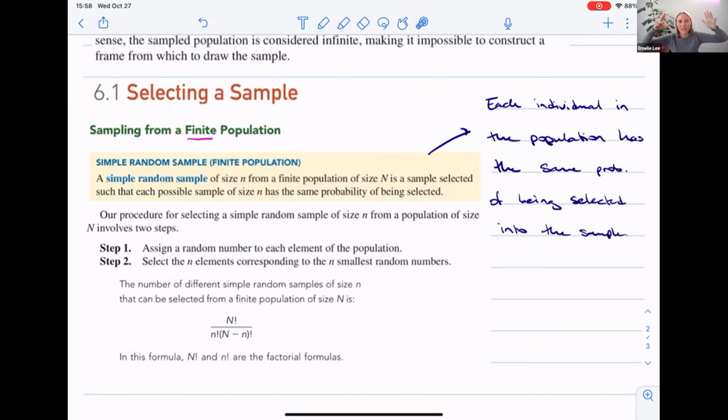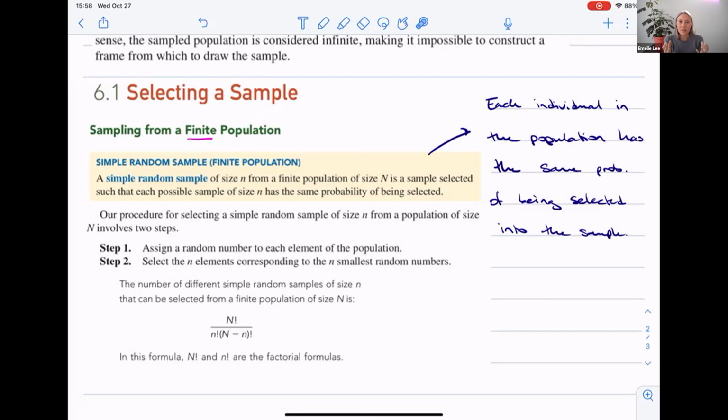Pick the first 30 if that's the sample size that you want. You could sort it from largest to smallest, pick the first 30 there, or you could pick the middle 30. It doesn't really matter. At that point, they've all been assigned random numbers. And so you've lost any sort of information that comes from last names or student numbers and stuff like that, which you want to eliminate because they might introduce bias unintentionally.